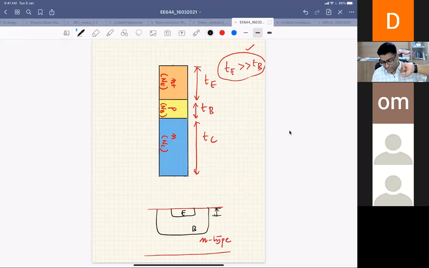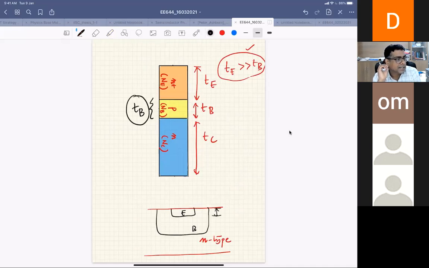And the base comes below the emitter. So when you form the base, the implantation energy for the base implant should be higher than the implantation energy for the emitter implant. Even for the thicker emitter, the implantation energy for the emitter implant is high, so the implantation energy for the base implant will be even higher. With very high energy implanters, it is very difficult to control the base width, because the bipolar junction transistor parameters depend on the base width.